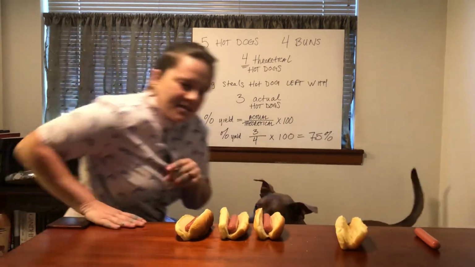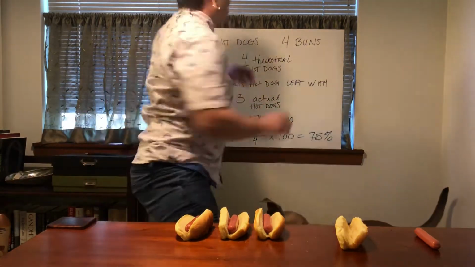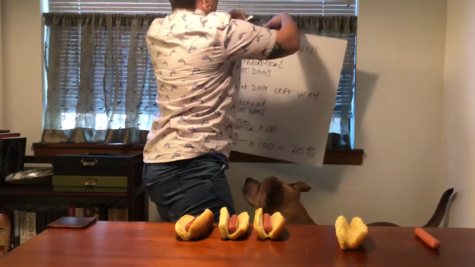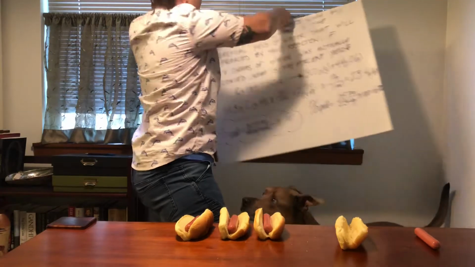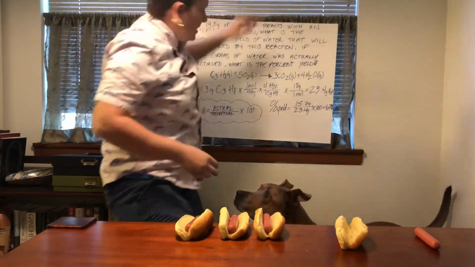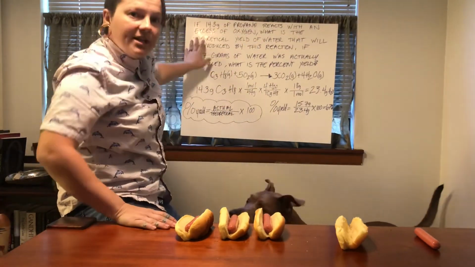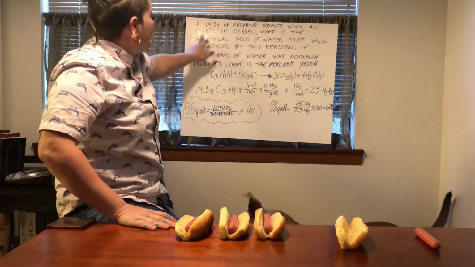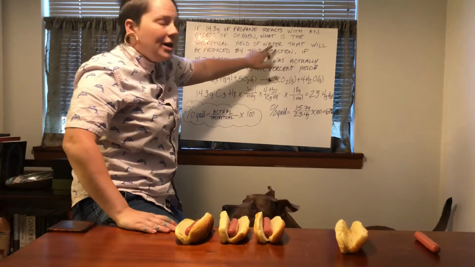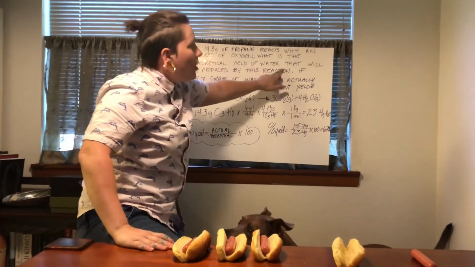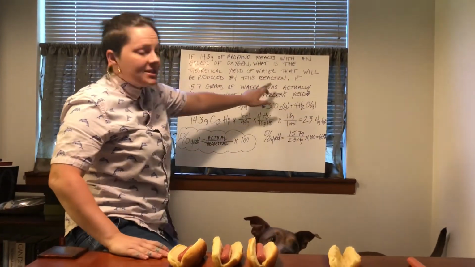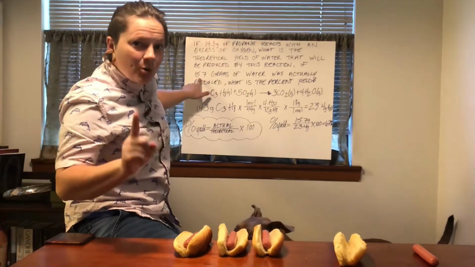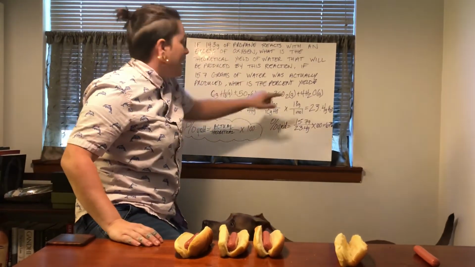So let's look at this from a chemistry standpoint. Okay, so if 14.3 grams of propane reacts with an excess of oxygen, what is the theoretical yield of water that will be produced by this reaction if 15.7 grams of water was actually produced?